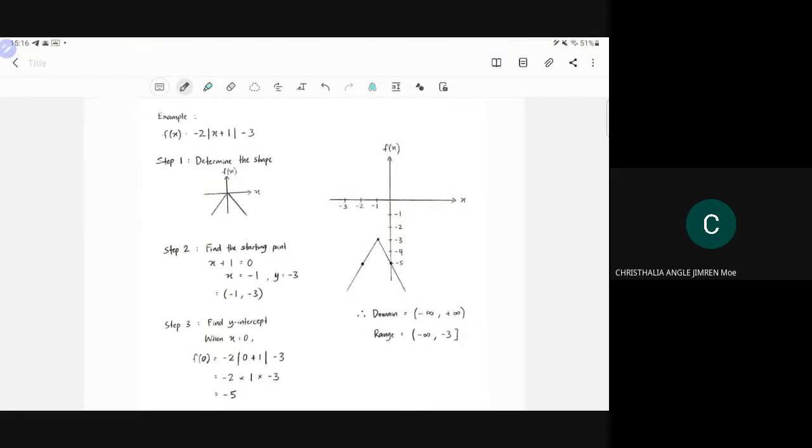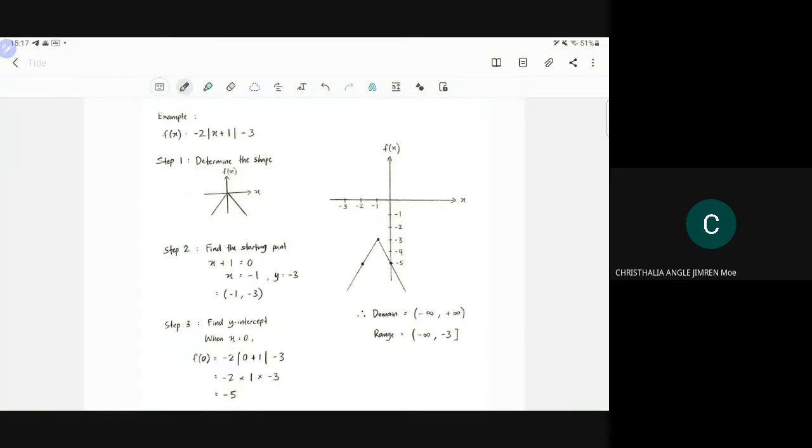Step 3, find the y-intercept. To find the y-intercept, we replace the x in the function with 0. So for this function, when x is equal to 0, the y-intercept is equal to negative 5. After we get all the information, we can now plot the graph. The graph will look like this.